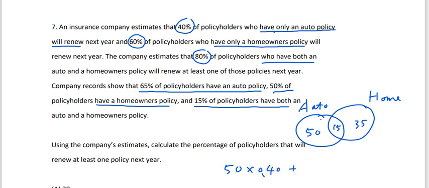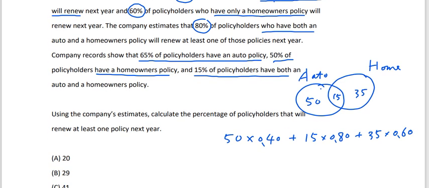Plus those 15 people, 80% will renew. And those 35 people, how many will renew? For those with only home insurance, 60% will renew. So this is the percentage for renewal across all people.